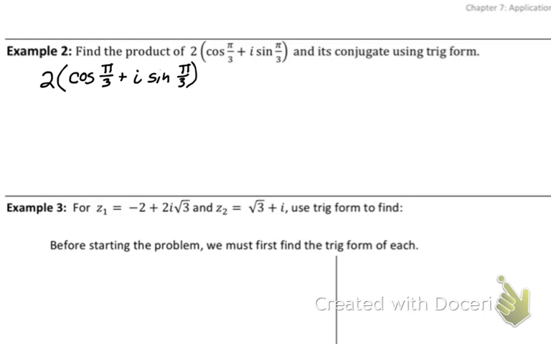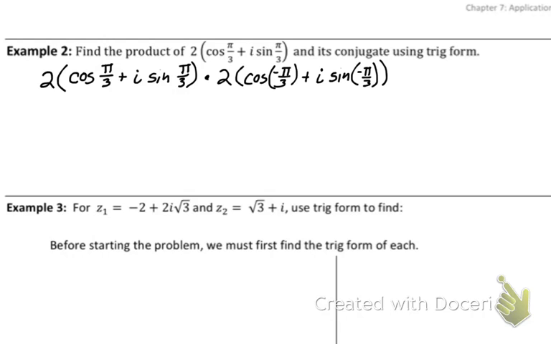Its conjugate, so we're going to multiply by its conjugate. The conjugate is going to be cosine of negative pi over 3. Maybe I should put those in parentheses because we have negative signs. Plus i times sine of negative pi over 3.